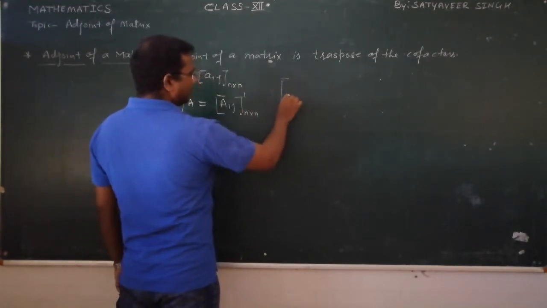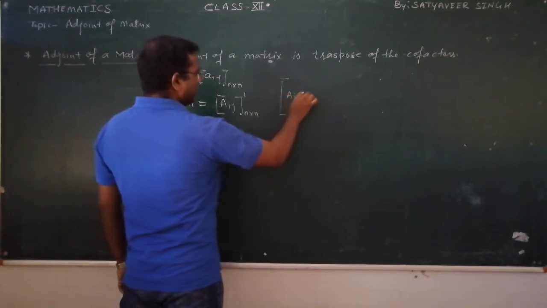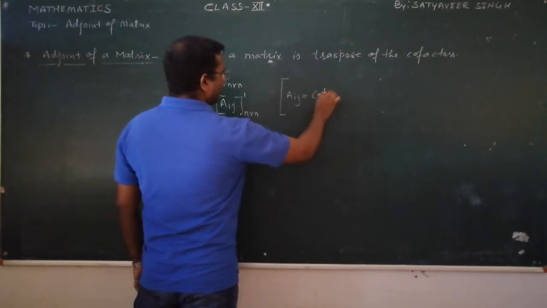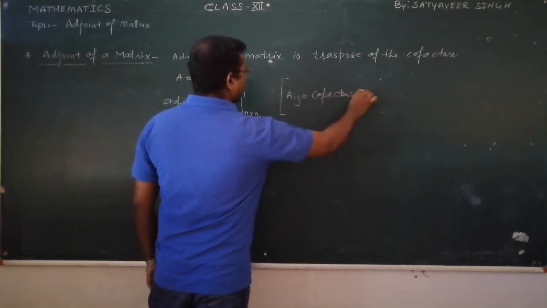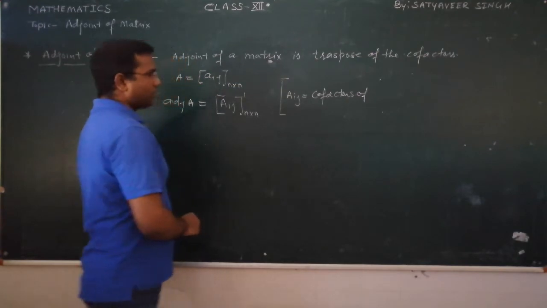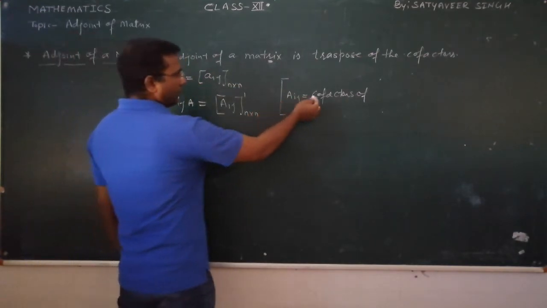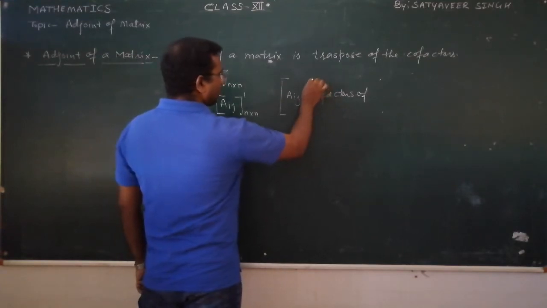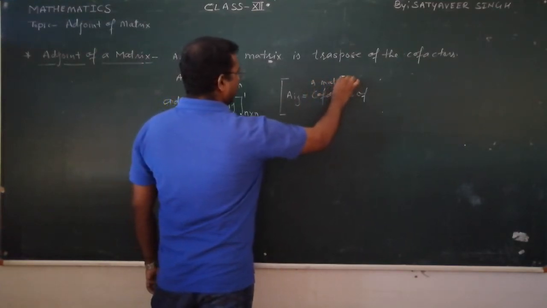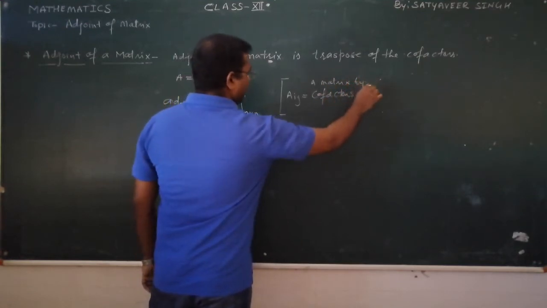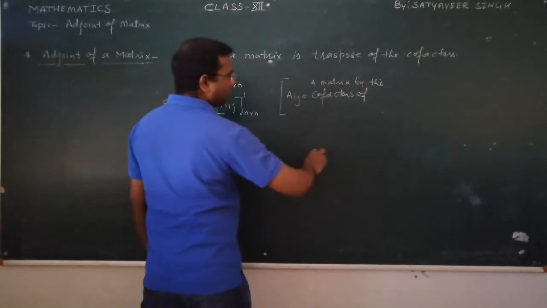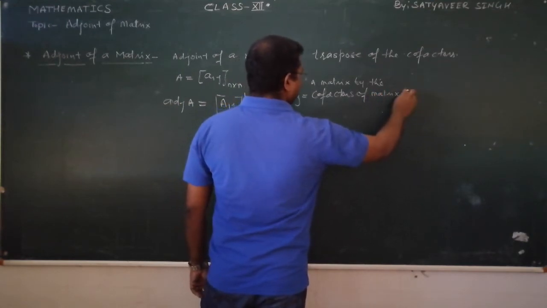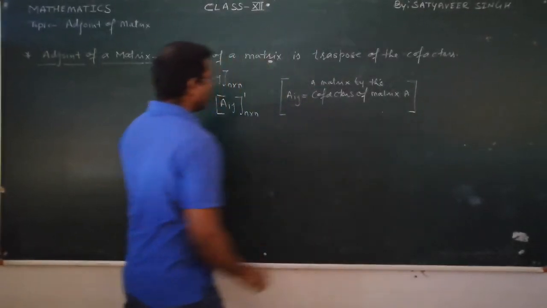Here Aij is, we can say, the matrix prepared by the cofactors of matrix A. So what is Aij?